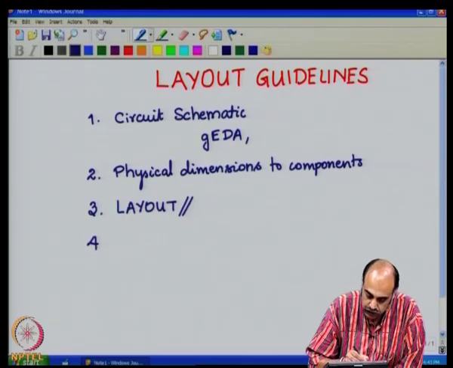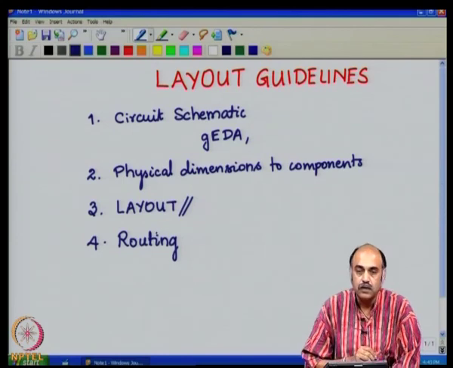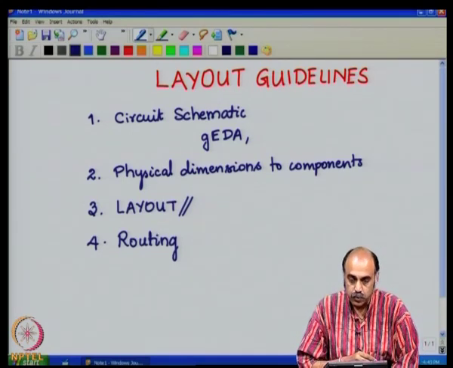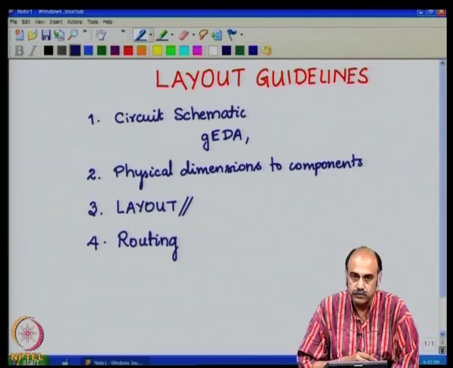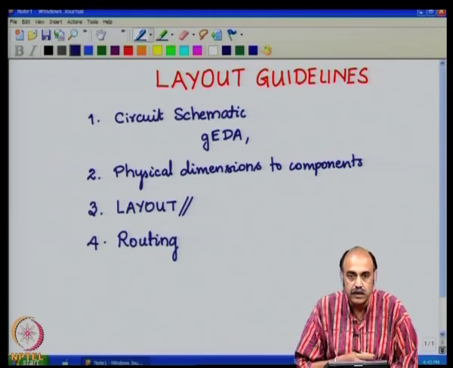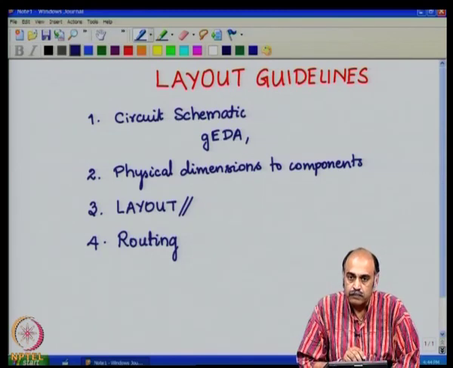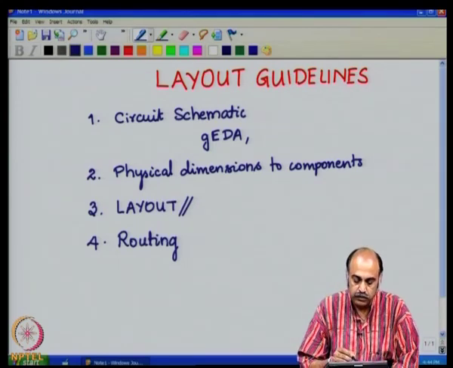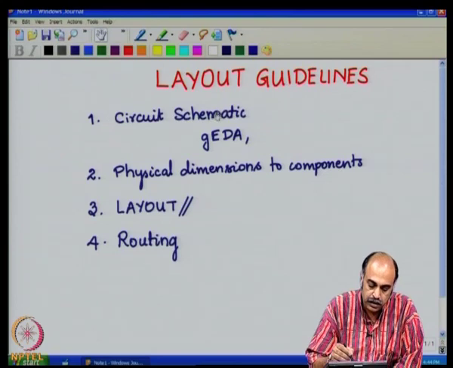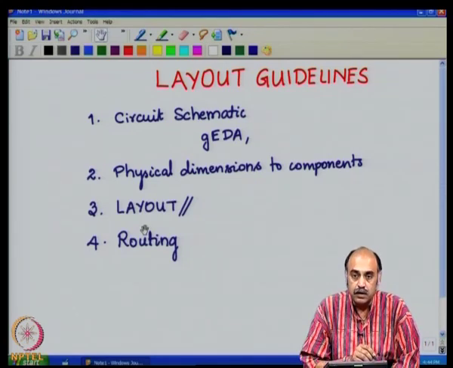Then after the layout will come the routing stage. You will now route the component connections, that is, you have the components which are placed within the dimensions of the proposed printed wiring board, and the various connections or the tracks that need to be laid out from one component lead to another component lead are actually the information taken from the circuit schematic part, transferred onto the layout and routing part of the package.